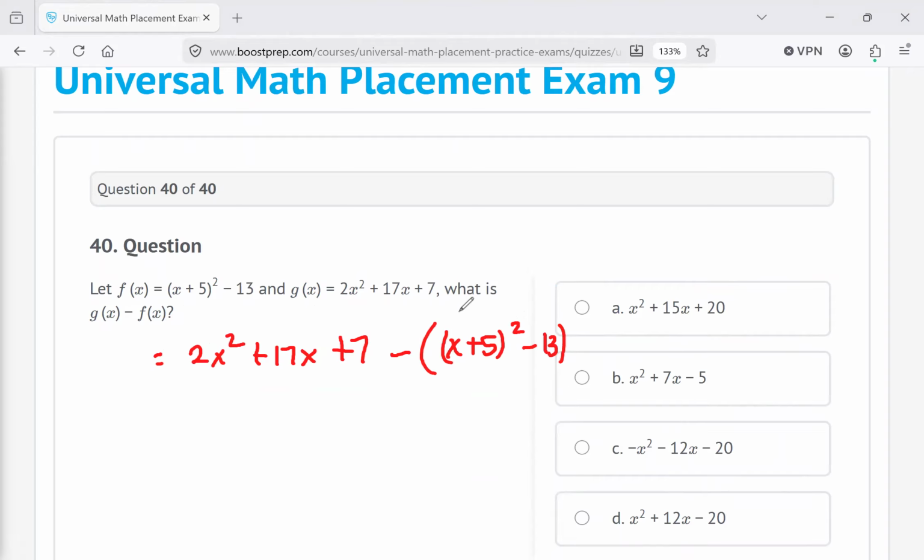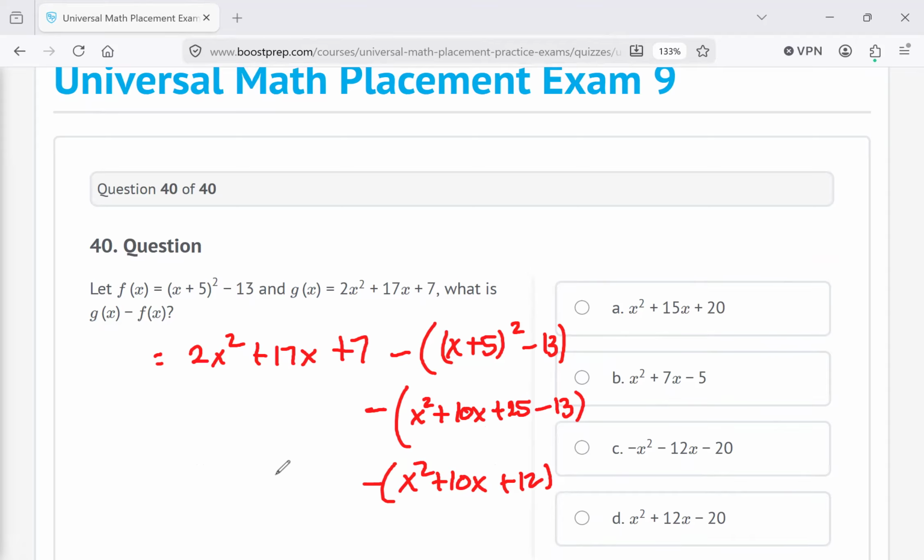What I would do is FOIL out the (x plus 5) squared. That's x squared plus 2 times AB, so 2 times 5x, that's 10x, and then B squared, that's 25, and then minus 13. So you get x squared plus 10x, and then 25 minus 13 is 12.